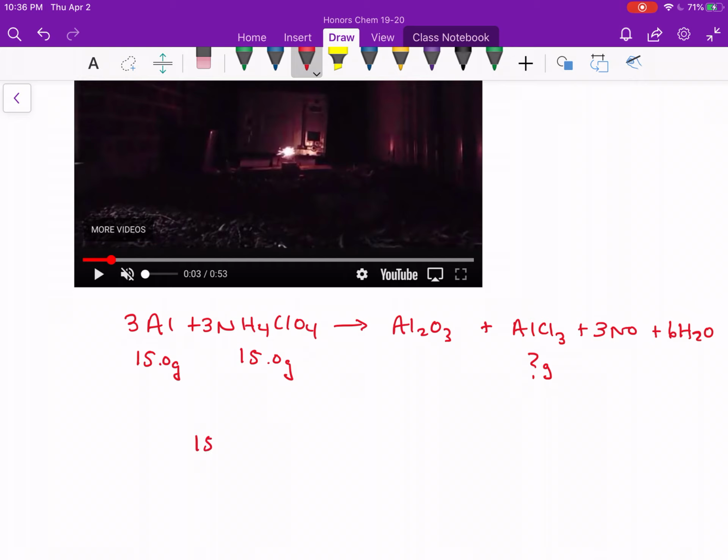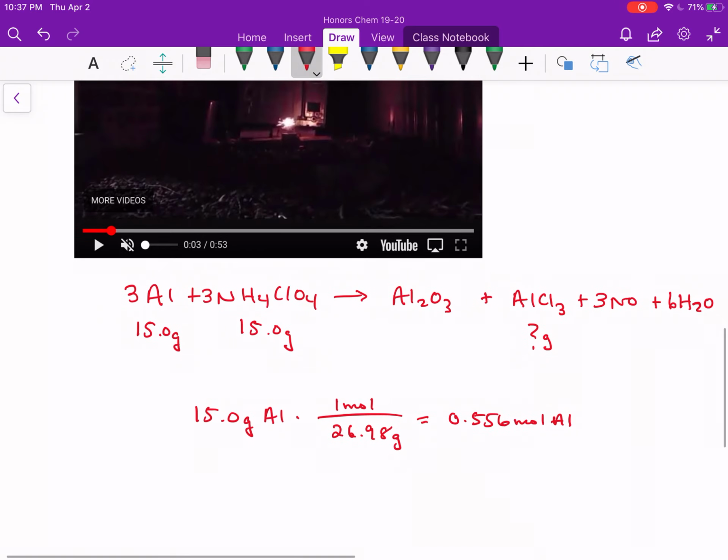And so that would look the same though. We'd start, okay, we have 15.0 grams of my aluminum. We know that for every 1 mole of aluminum, there's 26.98 grams. And that's going to be equal to 0.556 moles of aluminum. And now we can do our mole ratio.